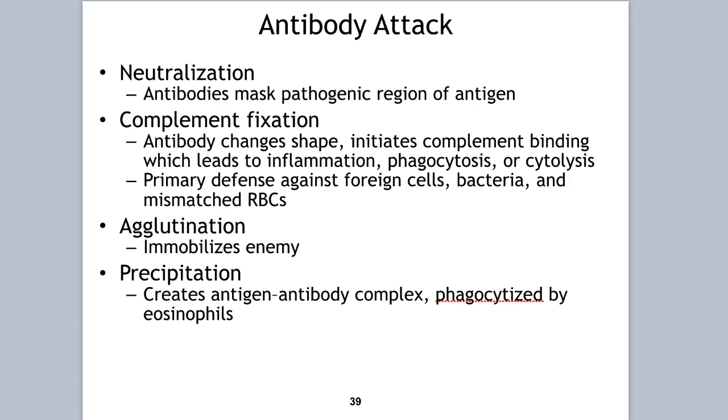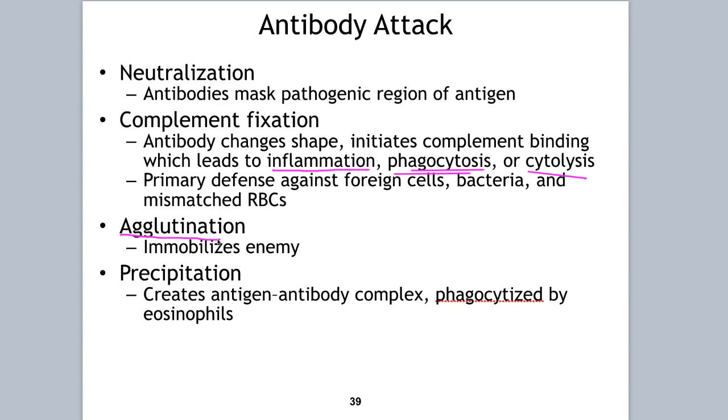And once the complement proteins bind and are activated, then we get all of these different effects down here. If you remember from the other day, we get inflammation, phagocytosis, cytolysis, and immune clearance as well. So the antibodies help activate those complement proteins and then clear the pathogen from our body.